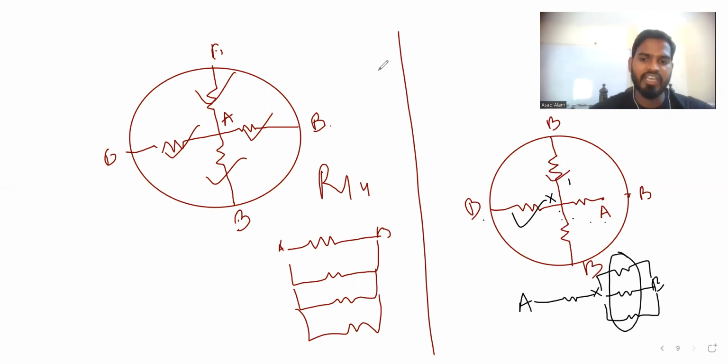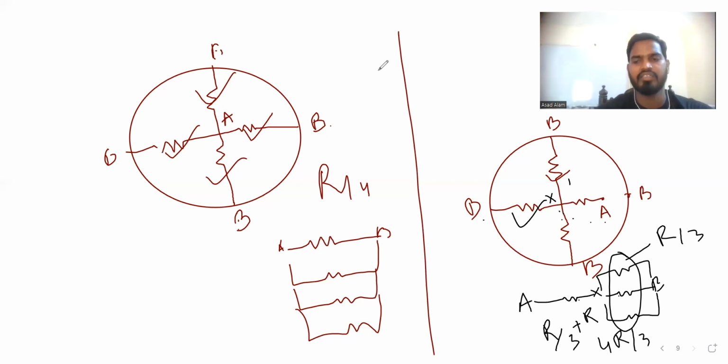So R by 3 and R are in series. So this will give you R by 3 plus R, 4R by 3. That is the answer between A and B. Hope you guys got it. Understood, everyone? Now let's see the next question.